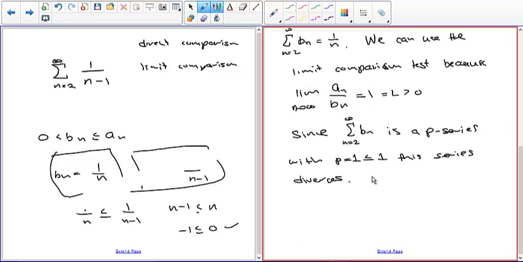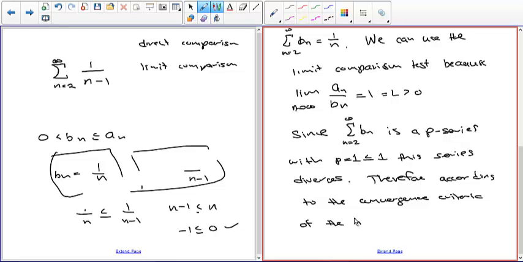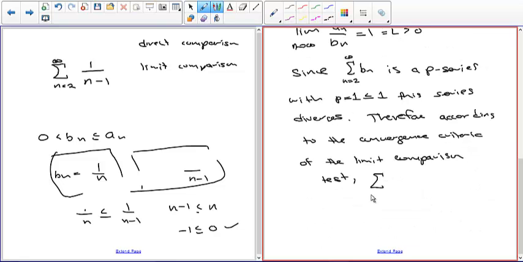Therefore, according to the convergence criteria of the limit comparison test, the original series also diverges.